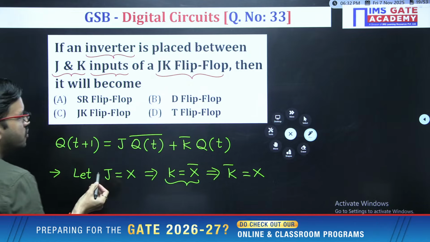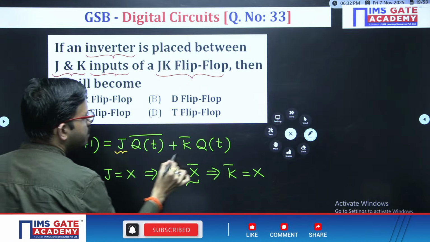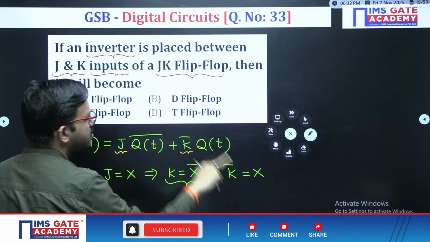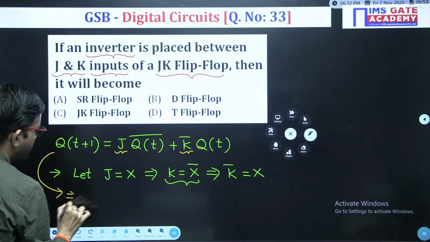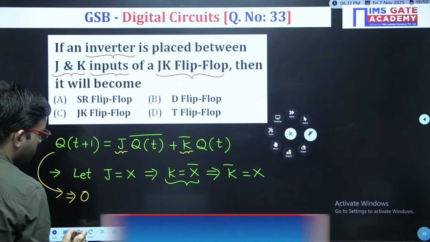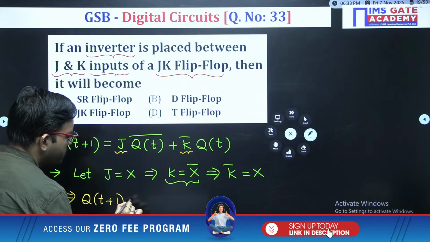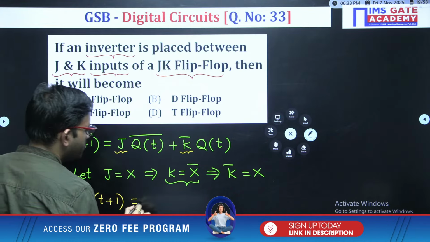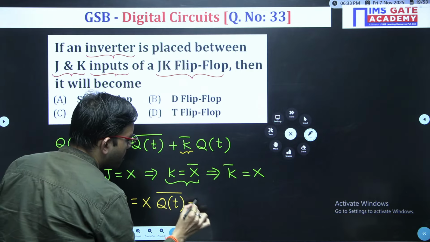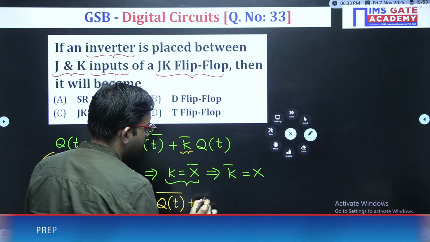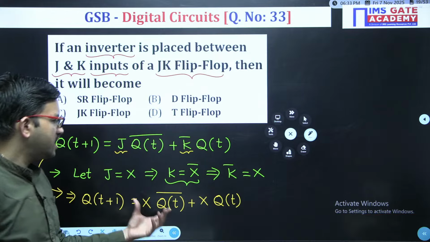Now, just substitute in place of J and in place of K bar; here you have X. Now this equation becomes Q of T plus 1 equals, right, J is X, so X Q bar, plus K bar which is nothing but X, then Q of T. Now just observe this equation.